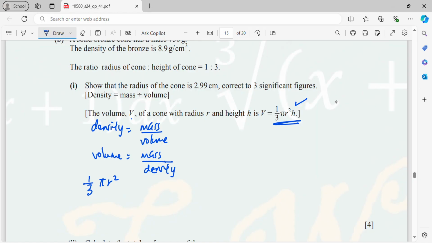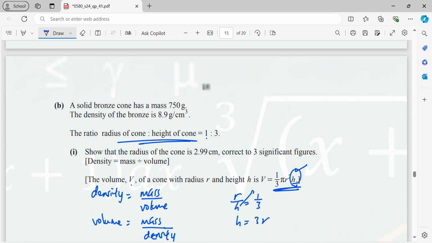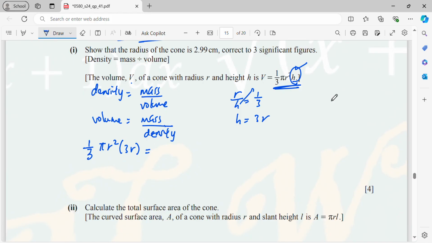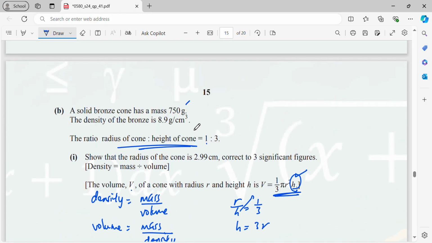Now the h, see here, radius to height is 1 to 3. That means your h is 3r. Okay, so here I will just write 3r. That equals to the mass is given 750. So 750 over the density is 8.9.